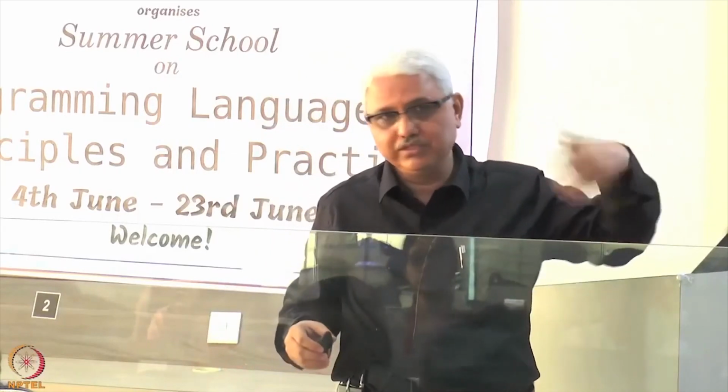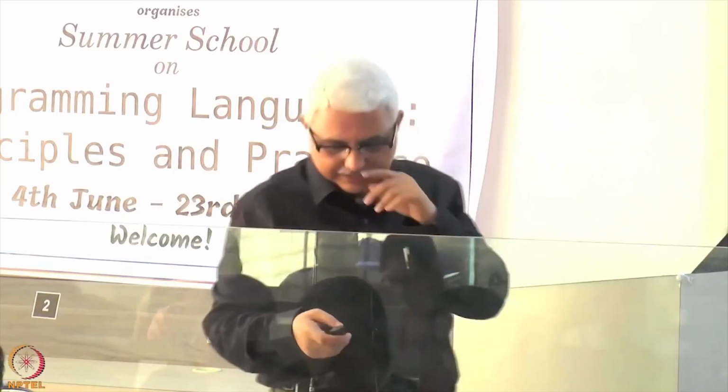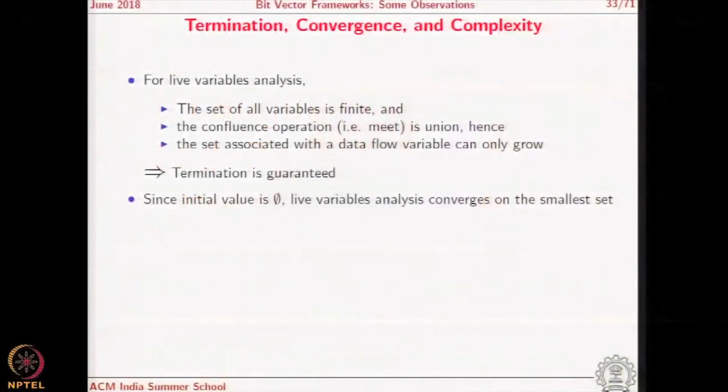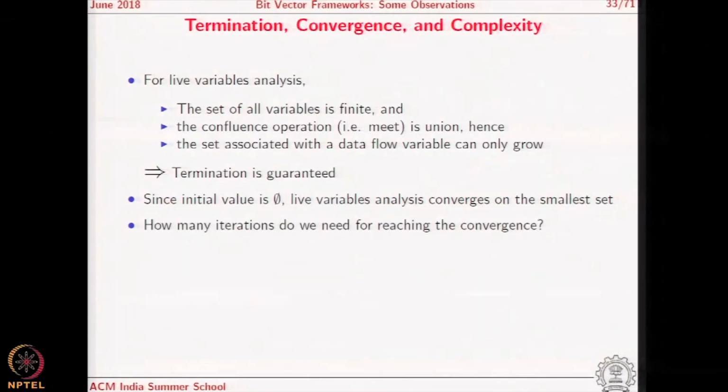There could be some other analysis which is ill designed and you could keep iterating over it again and again. Since the initial value is empty set, live variables analysis converges on the smallest set. So, termination, what does it converge on? That we have decided.